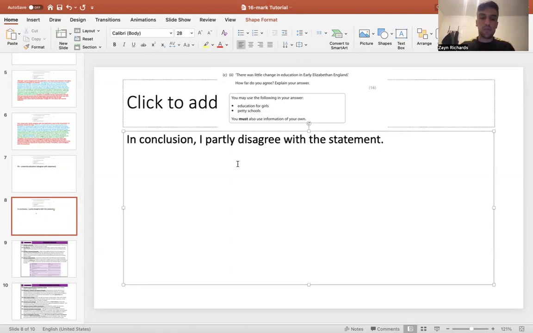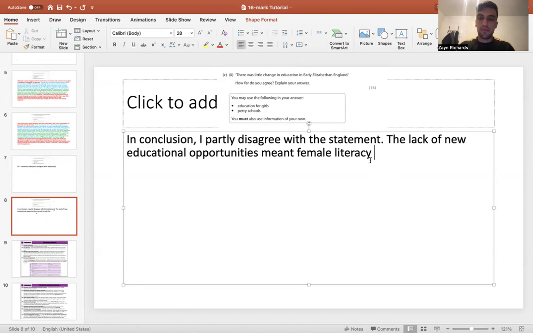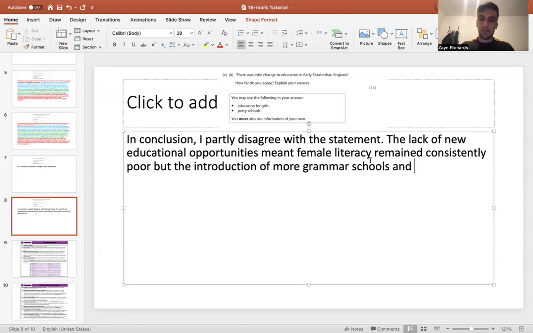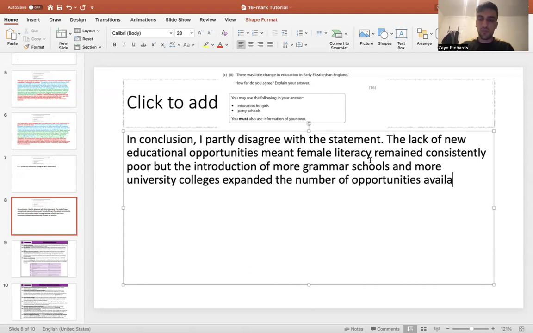The lack of new educational opportunities meant female literacy remained consistently poor, but the introduction of more grammar schools and more university colleges expanded the number of opportunities available to men, especially men of a wealthy background.